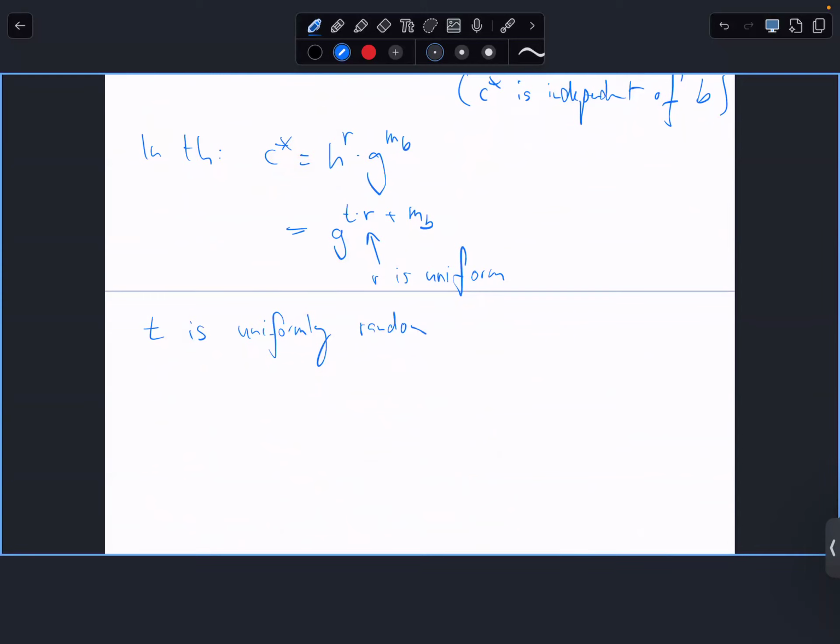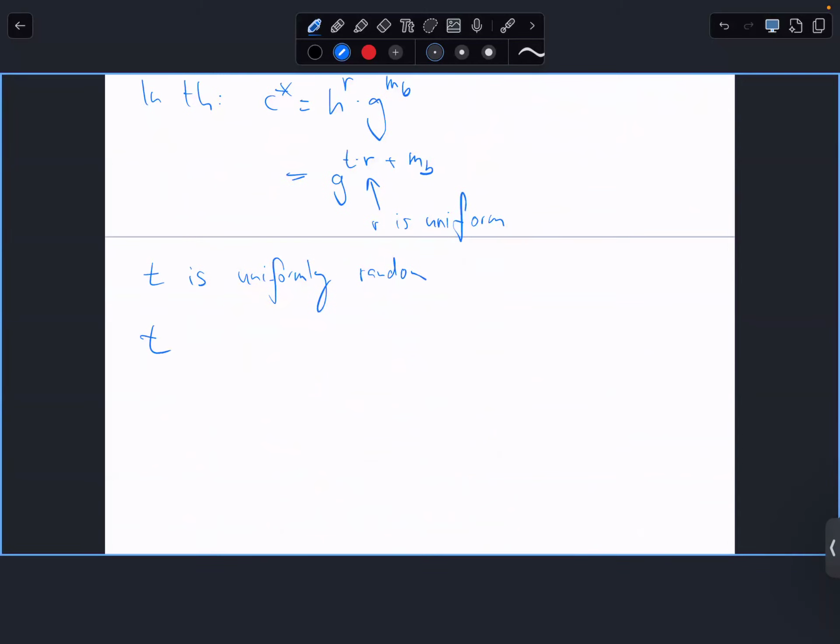So basically, we want to look at T times R plus MB modulo n. The order of the group is n. Now I've talked so much. There's only 4 minutes left, but we're gonna finish this.